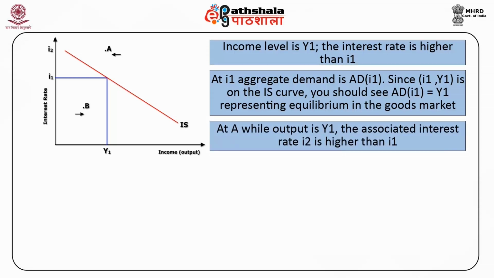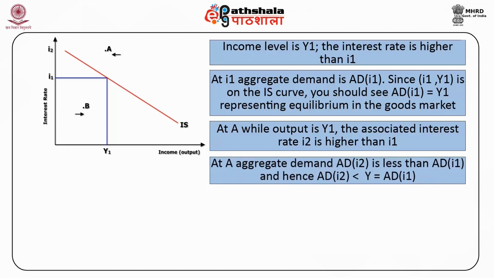while output is Y1, the associated interest rate I2 is higher than I1. Hence, at A aggregate demand AD(I2) is less than AD(I1), and hence AD(I2) is less than Y1, which is equal to AD(I1).